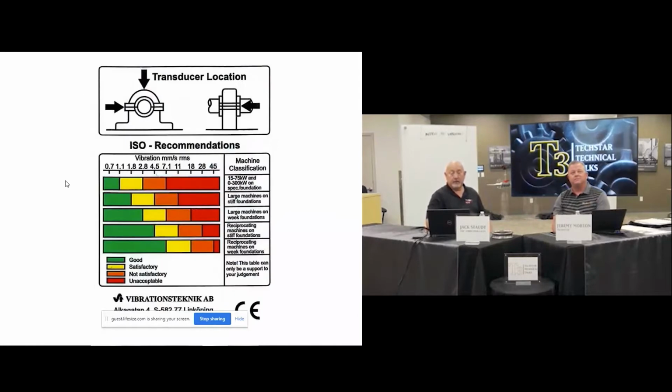Let me back up on that, where we can see the ISO standards of the color charts, and what amplitudes are green, yellow, red. Also based off of different types of machines with either a flexible foundation or a really tight foundation.